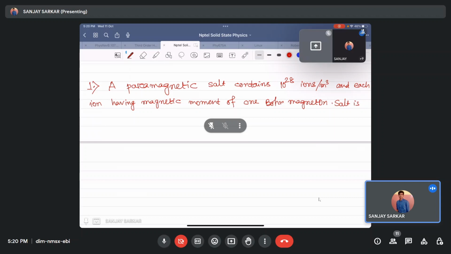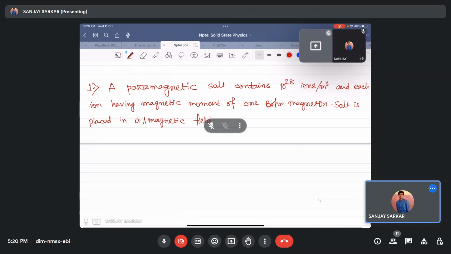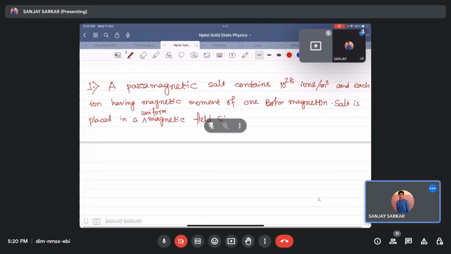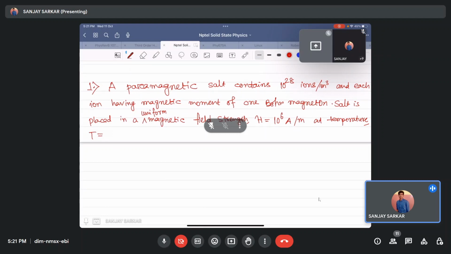The salt is placed in a uniform magnetic field of strength H equal to 10 to the power 6 ampere per meter at temperature T equal to 300 Kelvin.